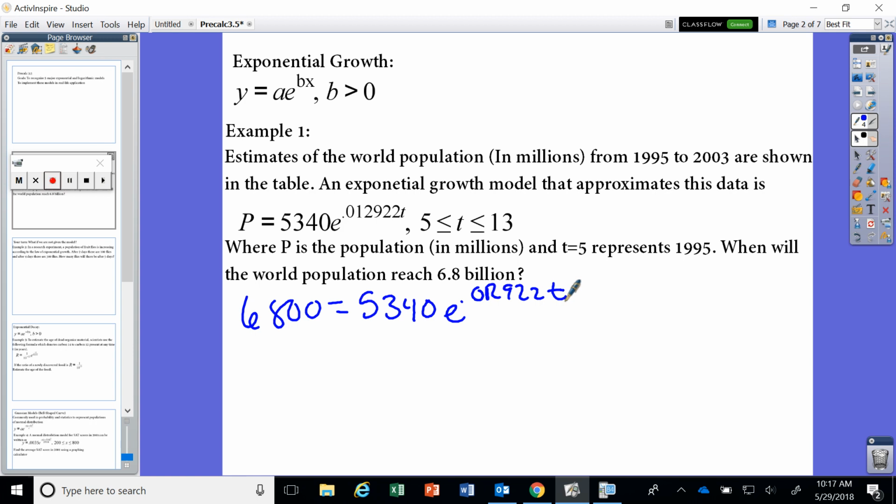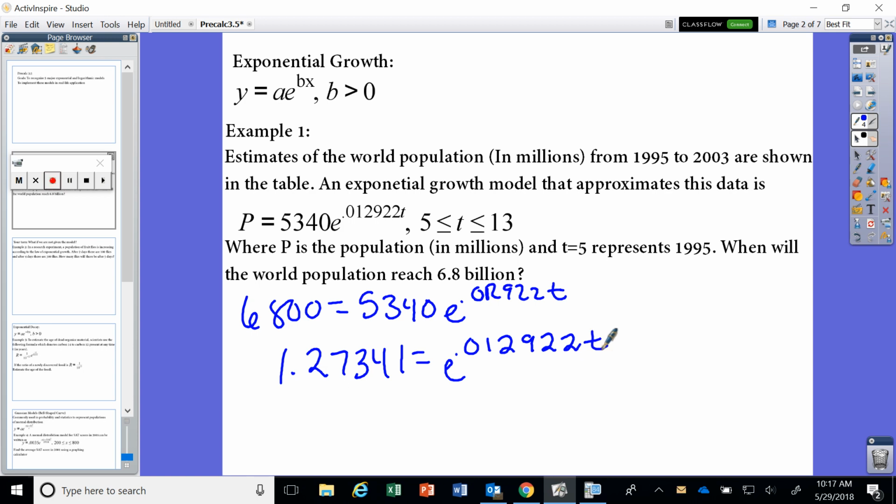So we're saying, when do we see 6.8 billion happening, or 6,800 millions in this case? Well, this is just a basic exponential equation that we're going to be solving for. I'm going to first and foremost divide by 5,340, and I roughly get about 1.27341 equals e to the 0.012922 times t.